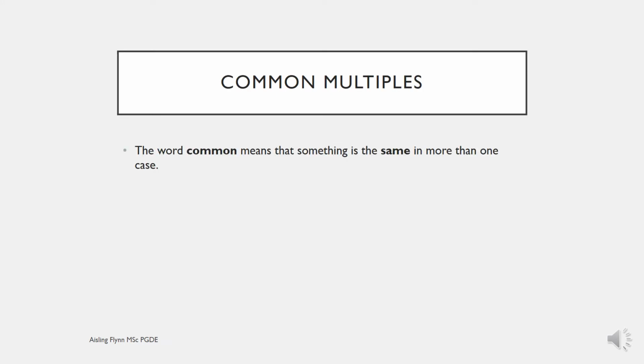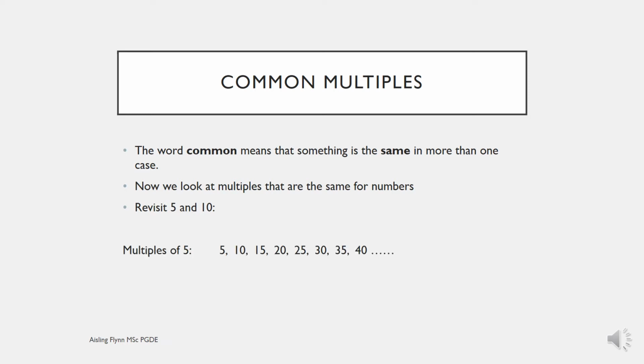Next, we look at common multiples. The word common means that something is the same in one or more cases. We're going to look at multiples that are the same for different numbers. We'll look again at 5 and 10. The multiples of 5 are here, 5, 10, 15, 20, etc. The multiples of 10, 10, 20, 30, 40, and so on.